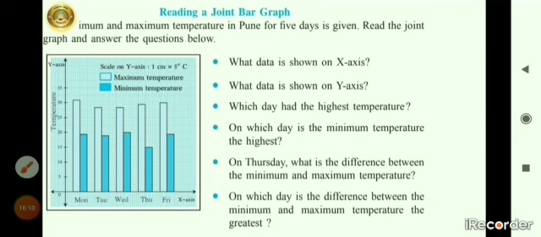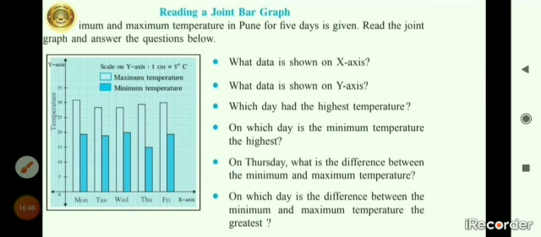Next question is, on Thursday what is the difference between the minimum and maximum temperature? Where is Thursday? Yes, the maximum temperature is 29.5 degrees and the minimum temperature is 15 degrees.